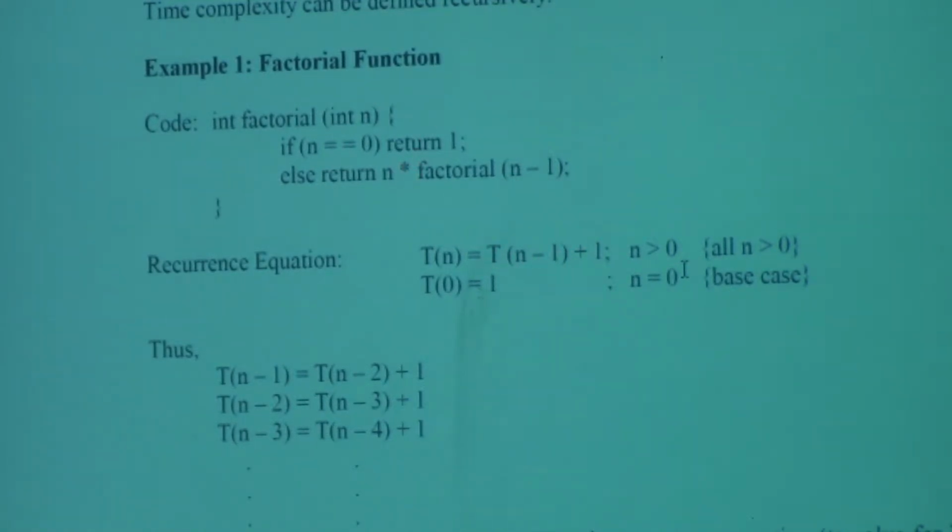This star, which is the multiplication, is the operation I have to do here. So I will do one operation, which is the multiplication, and I will add to it the cost of recursing, trying to get the next simplification of the next value. Okay, does that make sense? So that's the recursive breakdown.